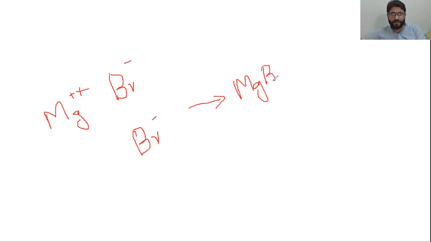This is known as a binary ionic compound because the 2 positive and the 2 negative charges balance each other.